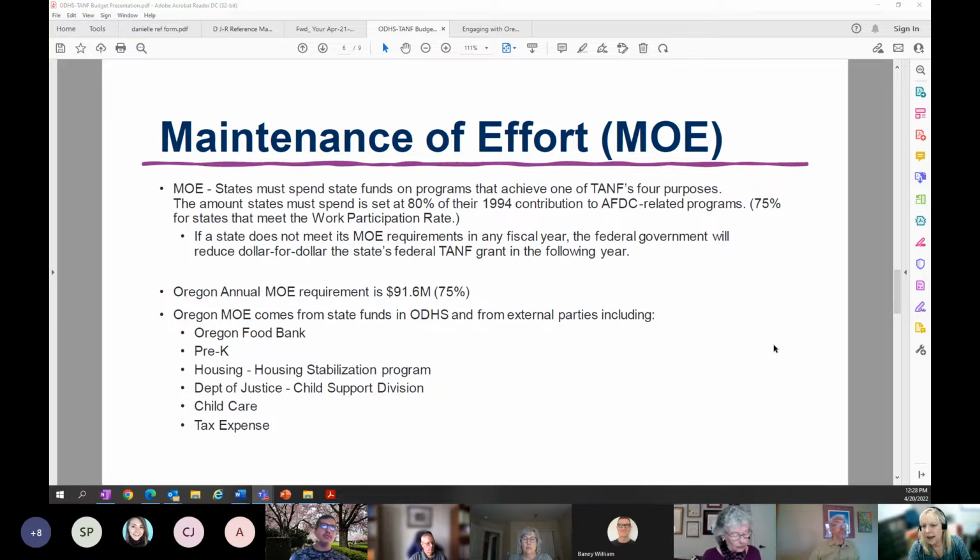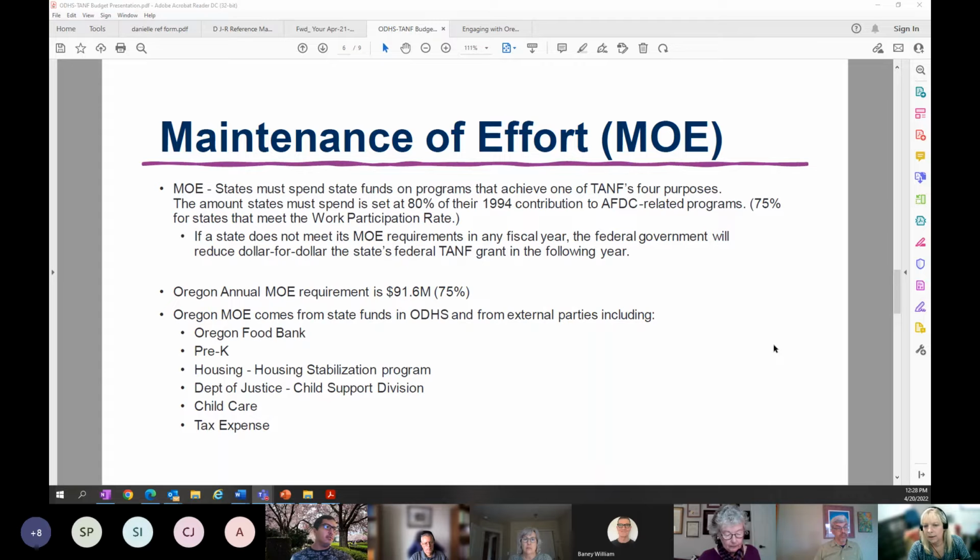But in addition to that, we do get maintenance of effort that comes from our partners at Oregon Food Bank, at education from pre-K, from housing, mainly the Housing Stabilization Program.